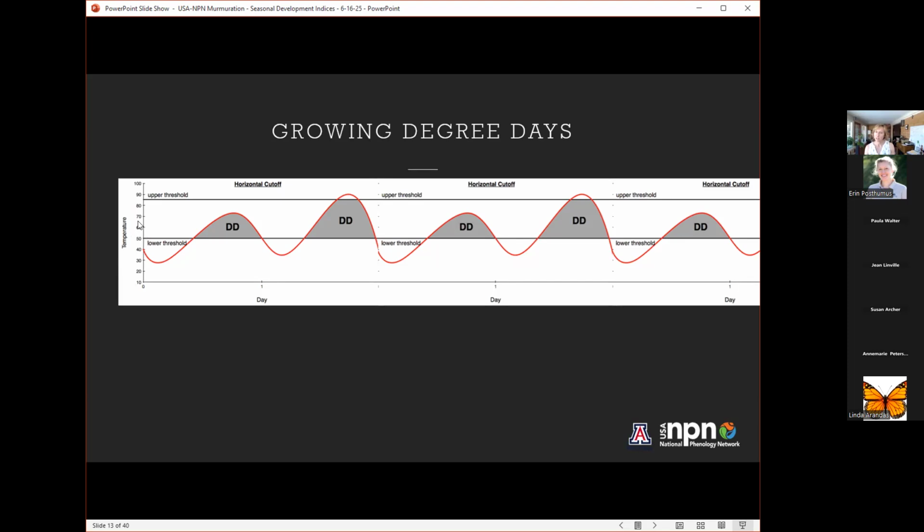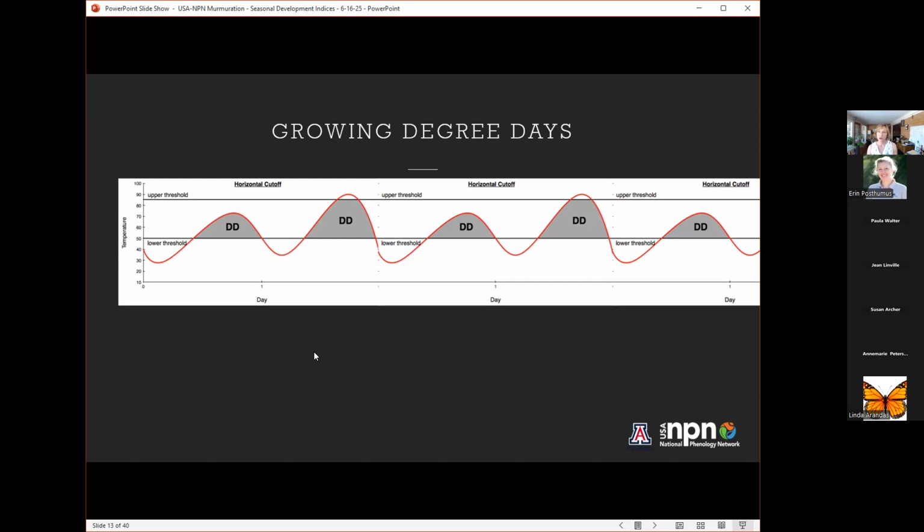Oftentimes, they don't pay attention to anything that's not above 50 Fahrenheit. Anyway, from one day to the next, we have this variation in temperature. This red line is supposed to indicate, from one day to the next over 24-hour periods, what that ambient air temperature is.